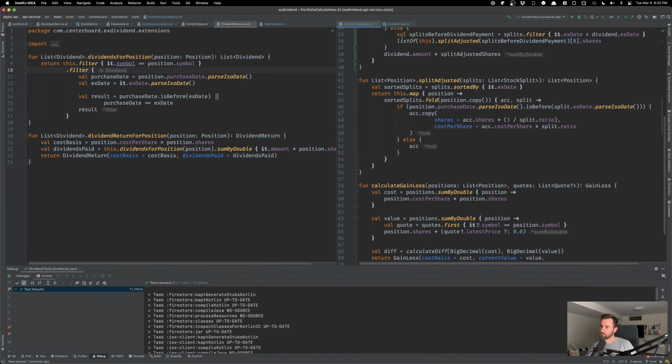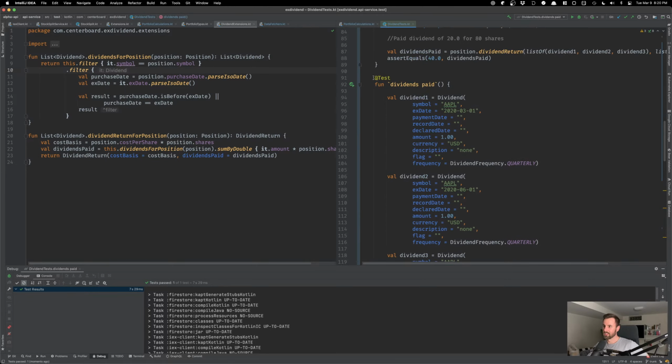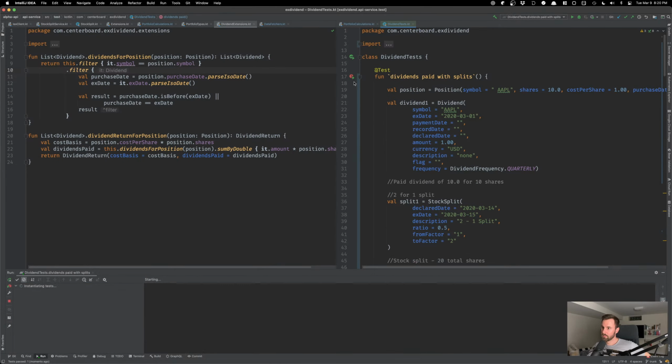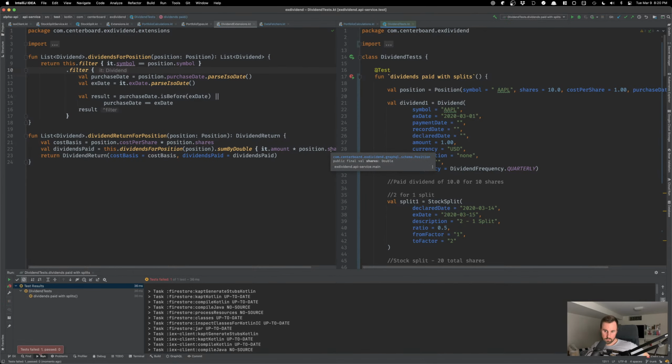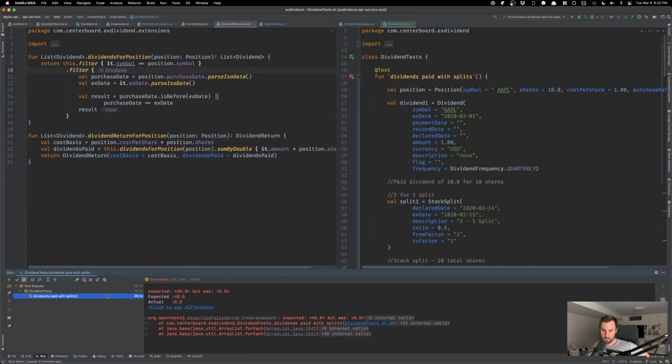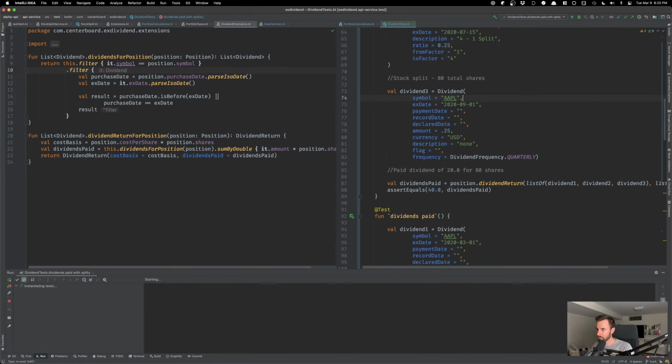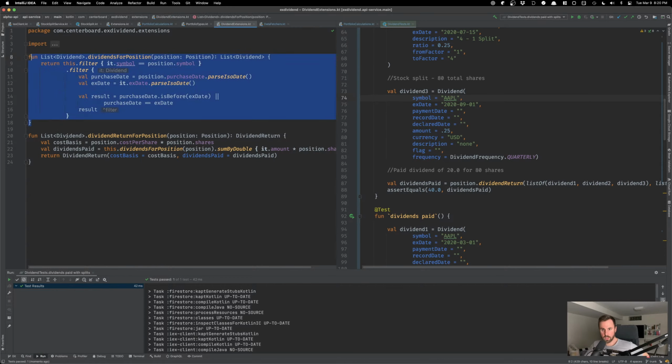Okay. Yeah. Silly me. That did not. Yeah, because I made the same stupid mistake and put a space in front of there. Yeah, okay. So this can stay. This is dividend return.